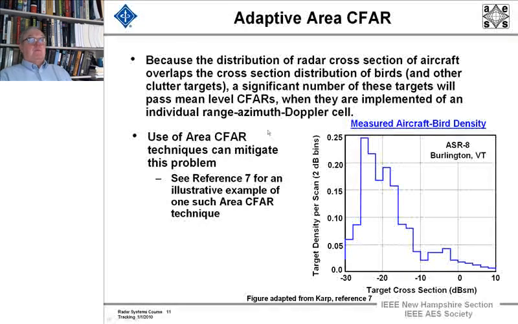And one method people use is developing area CFAR techniques that would set up layers of false alarm techniques that would work one after the other with different time constants in each, and would divide up an area, say 4 miles by 4 miles, and they would say, gee, we've got a lot of very small targets in this area.